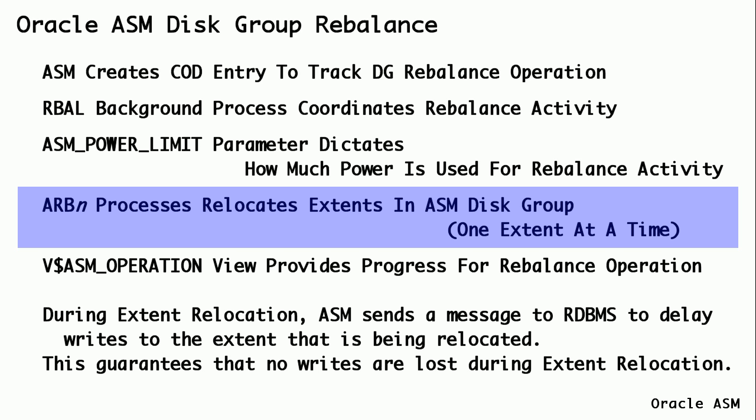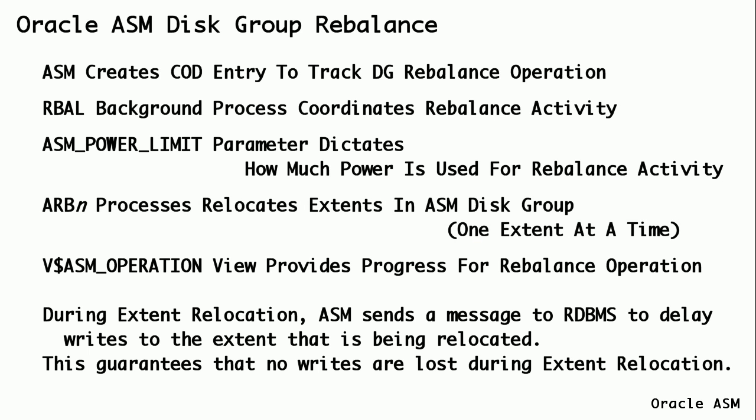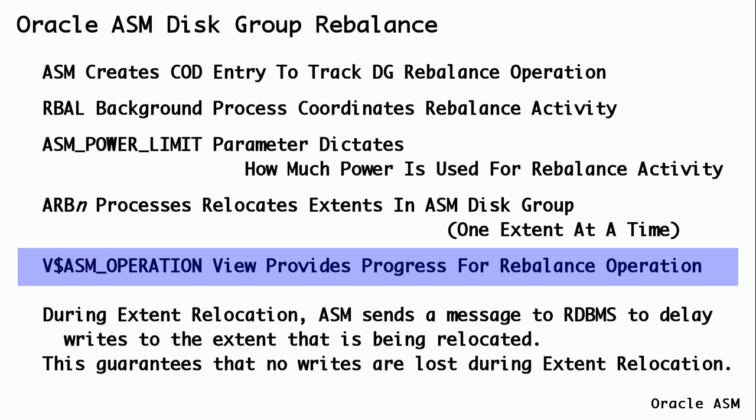The ARB process relocates one ASM extent at a time. So, ASM extent relocation is a short and quick operation. Rebalance operation progress can be retrieved by querying the V$ASM_OPERATION view in the ASM instance.